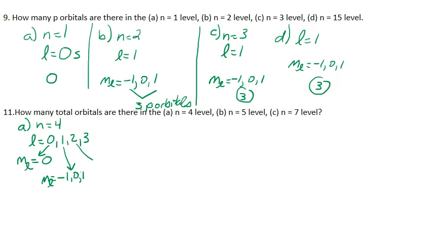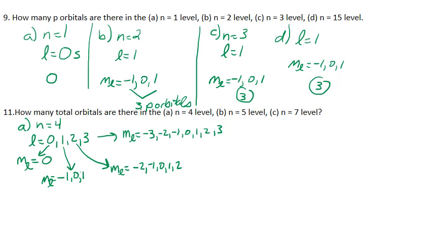If L is equal to 2, I can have m sub L values ranging from -2 to +2. And finally, if L is equal to 3, I can have m sub L values ranging from -3 all the way to +3.